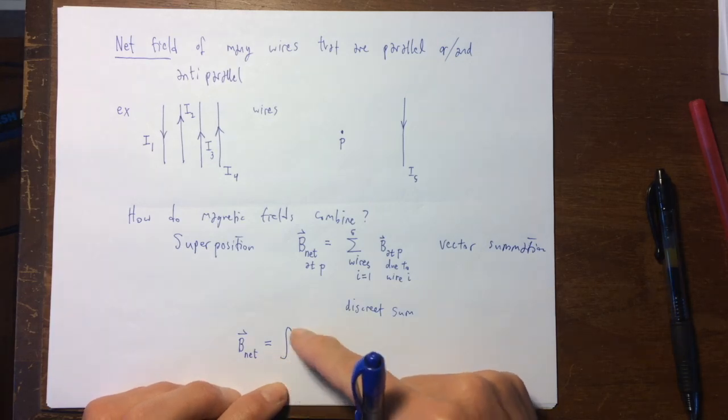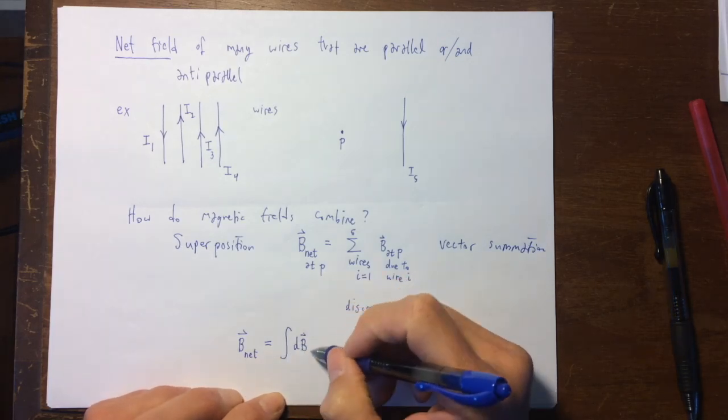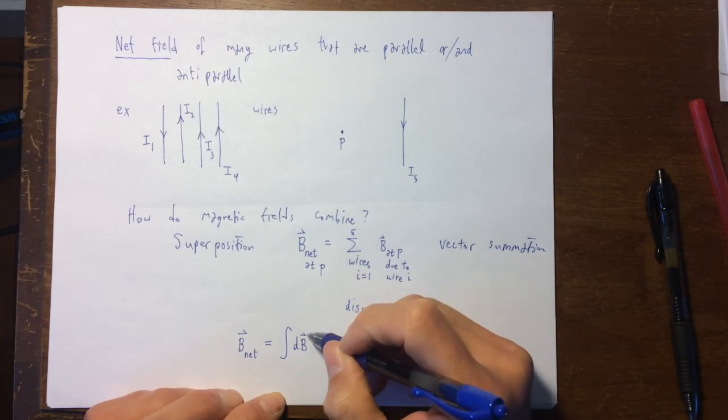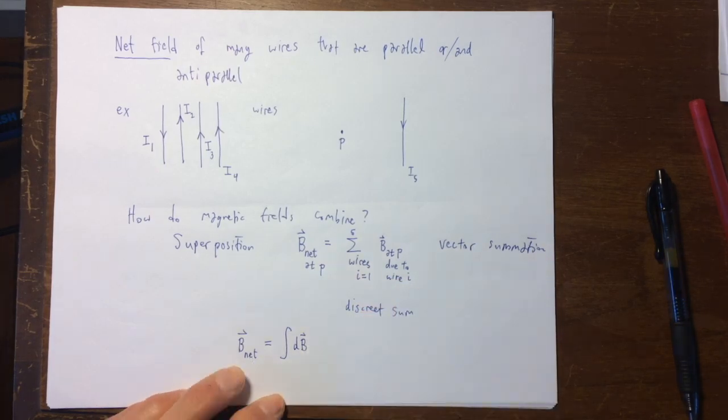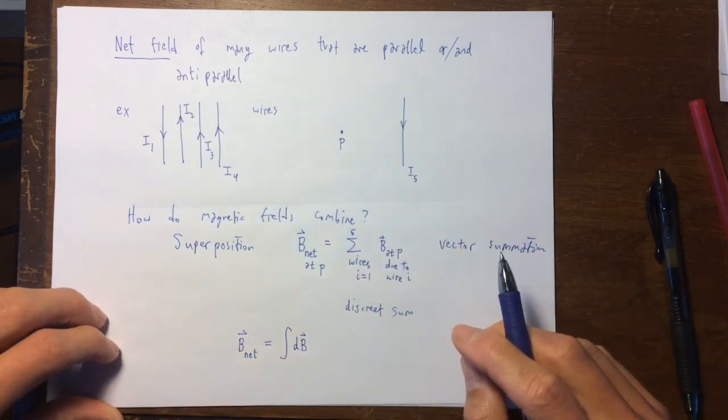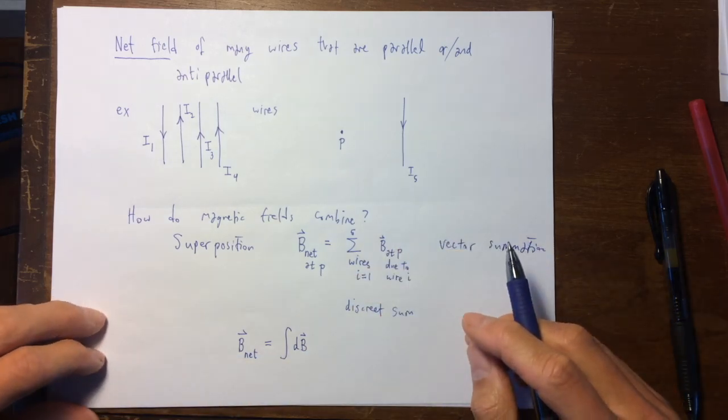There's just an infinite number of them. The infinite sum of infinitesimal amounts of magnetic field, which are vectors, is going to add up to our macroscopic vector, the net magnetic field somewhere. So this is the program that you need to figure out how to do.